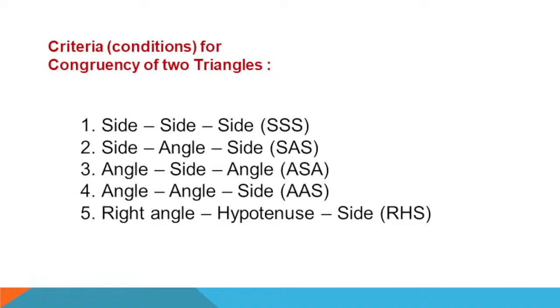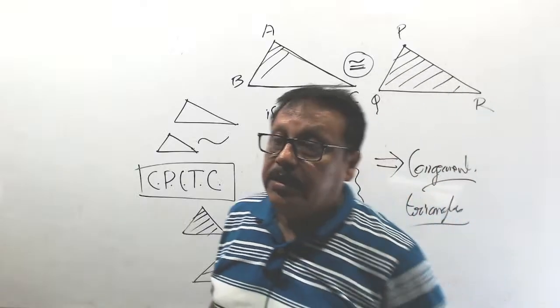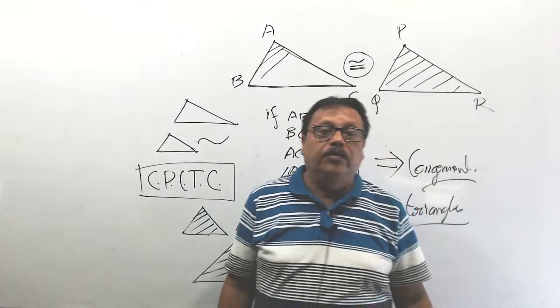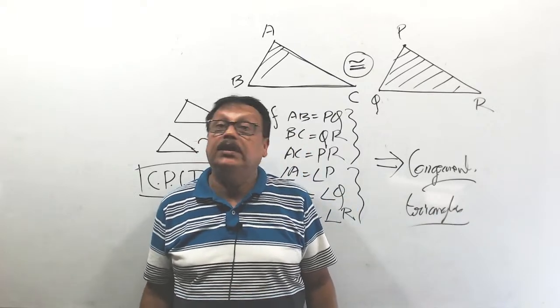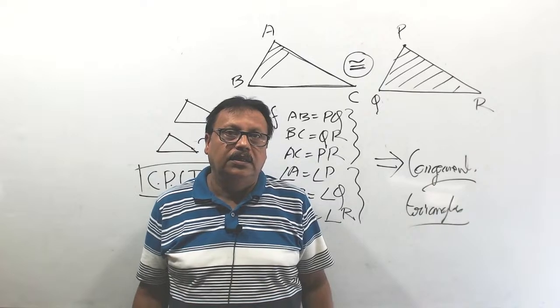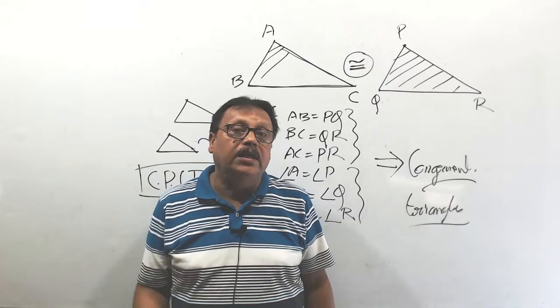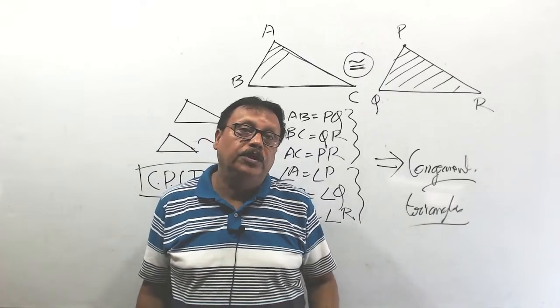Okay, for the next one, these are the main points. Now we came to this slide: criteria or conditions for congruency of two triangles. By using which criteria will we prove the two triangles are congruent?